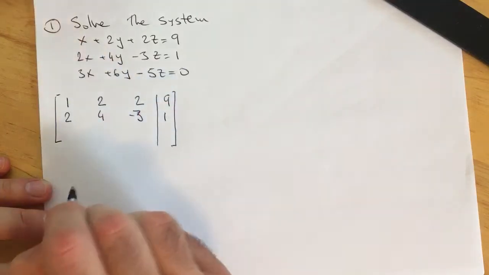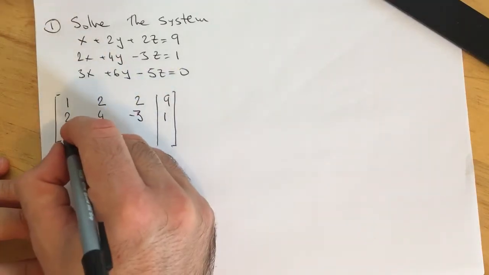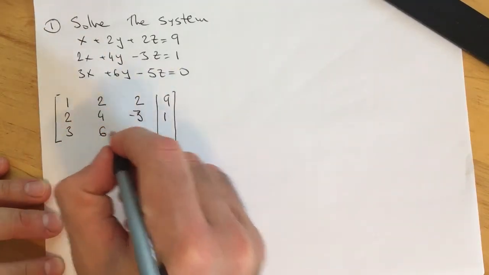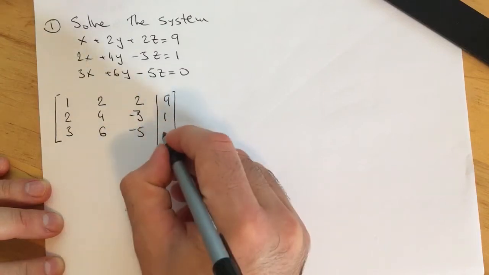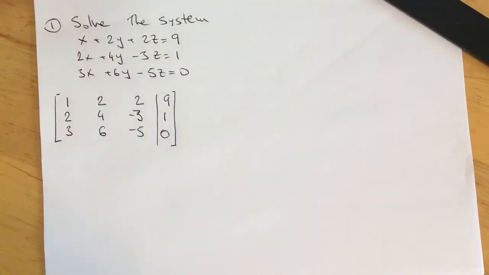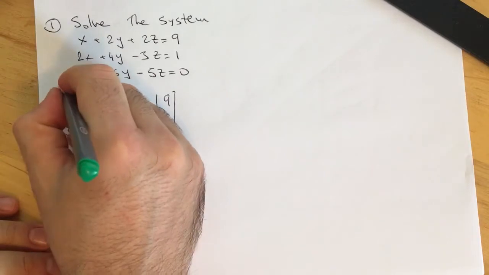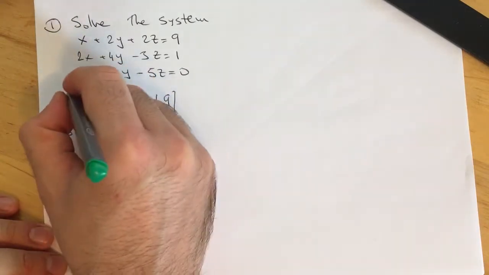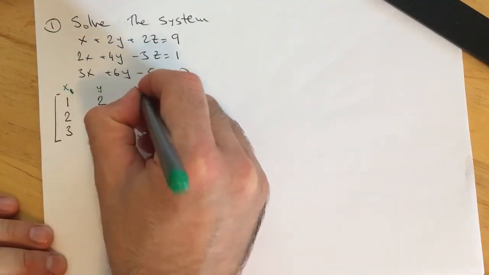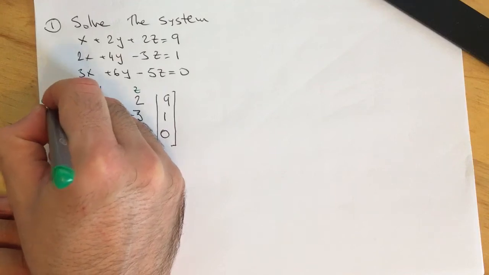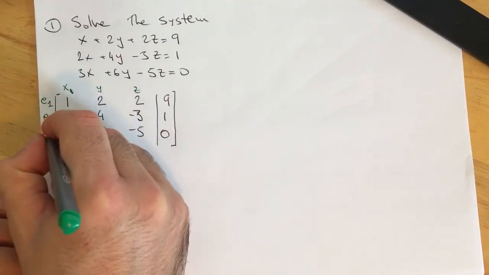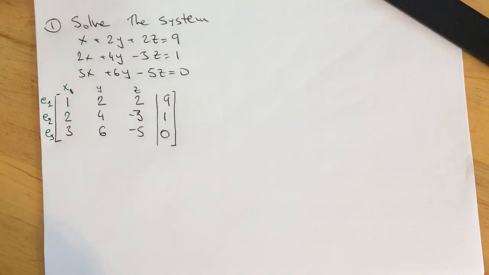And the last equation: 3 times x, 6 times y, negative 5 times z, and 0. And as we said, this corresponds to the variables x, y, and z, and this is equation 1, equation 2, and equation 3.